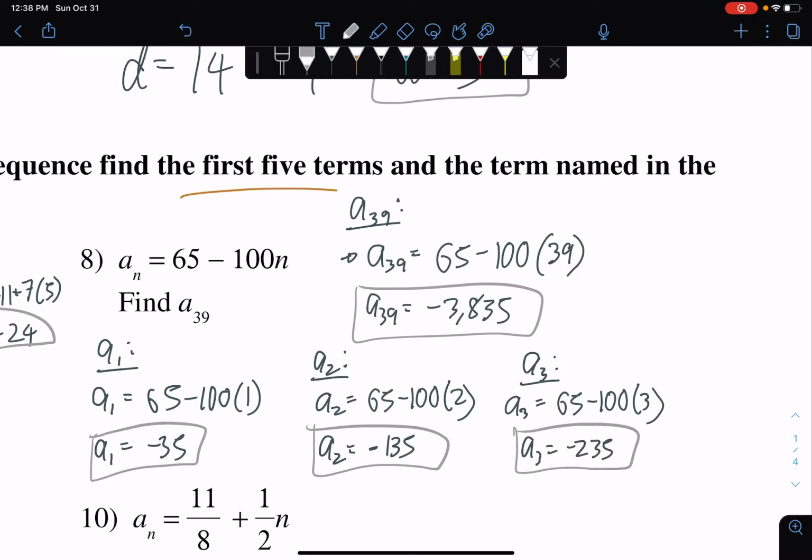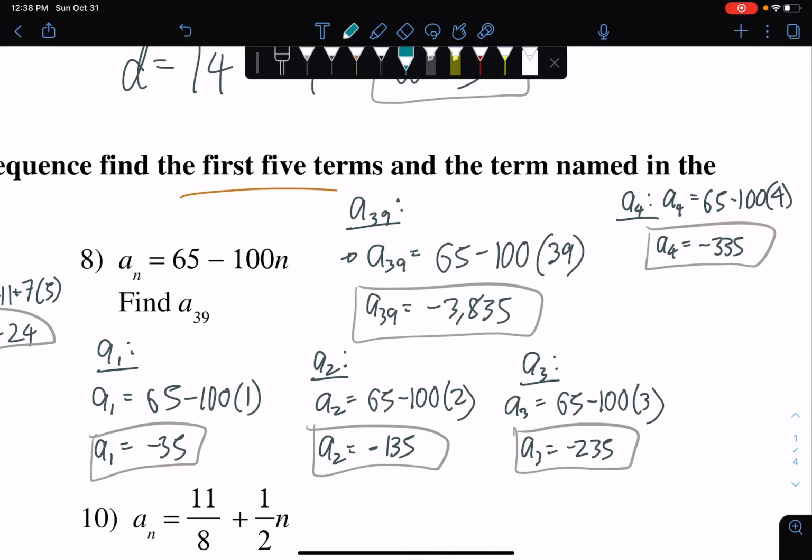There you go. And for a sub 4, a sub 4 is equal to 65 minus 100 times 4. Nothing new with the solution. We just add another negative 100. We get negative 335.